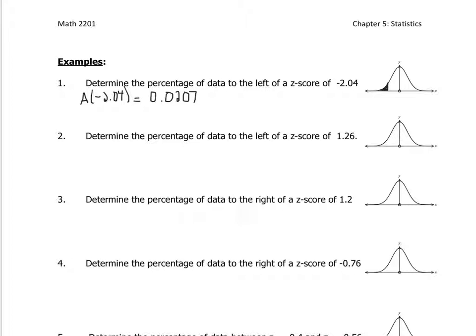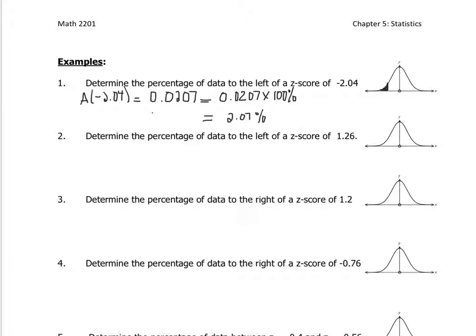As a percentage, that is 0.0207 times 100%, which is 2.07%. So 2.07% of the data would have a z-score less than negative 2.04.